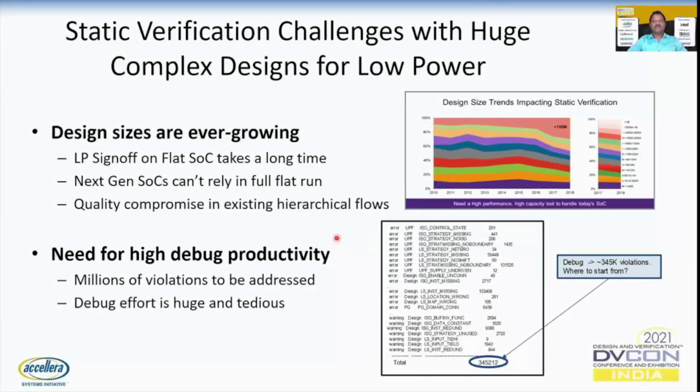Even if full flat runs complete despite known performance challenges, designers are served with another set of problems: managing and debugging thousands, sometimes millions of violations. Analyzing so many violations and finding out the actual issue is a really difficult task. This brings the necessity of a feature having the capability to report the actual root cause of the problem.